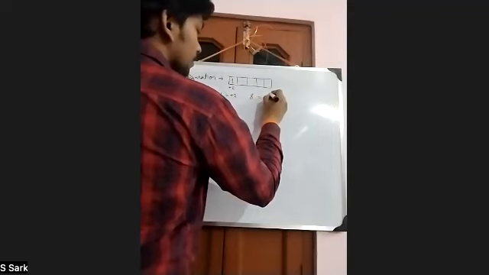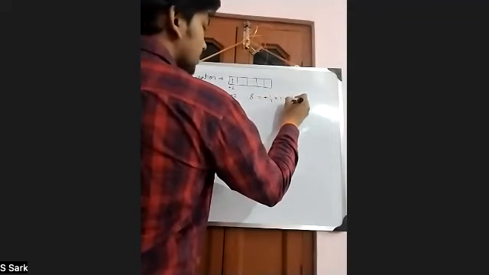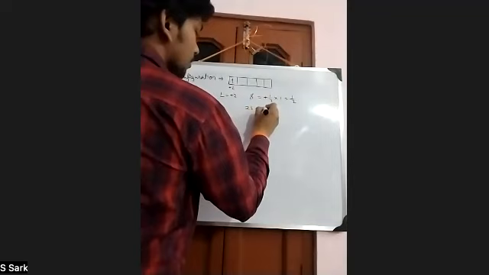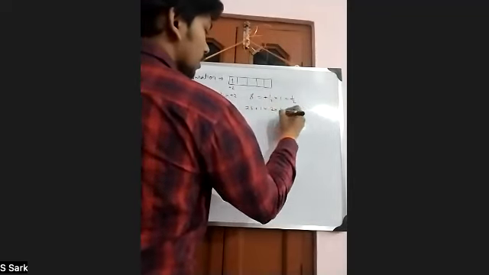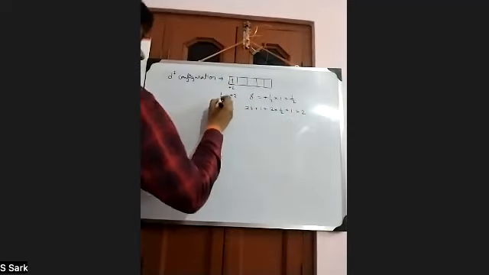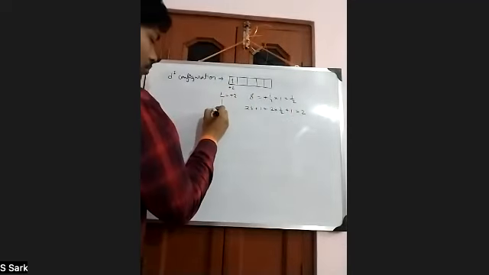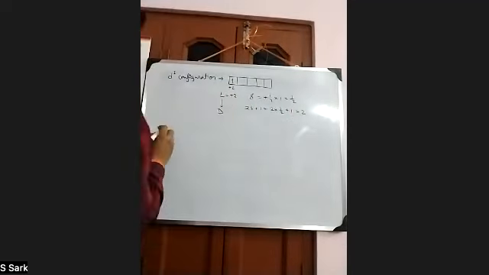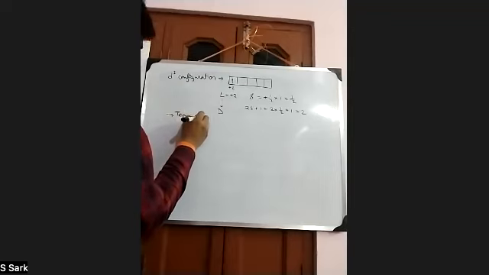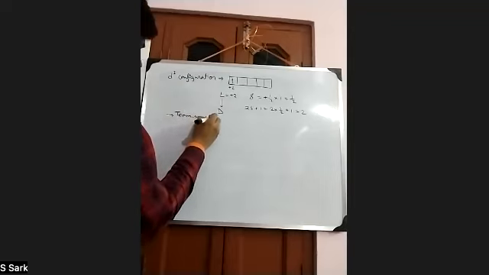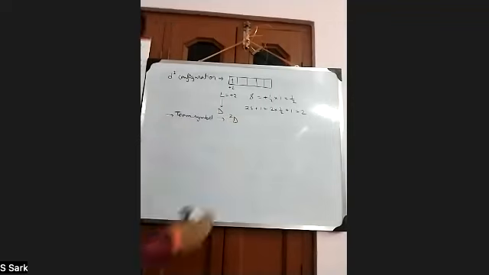So 2S plus 1 will be 2 into half plus 1 equals 2, and for L value 2, the term will be D. So the term symbol will be 2D.